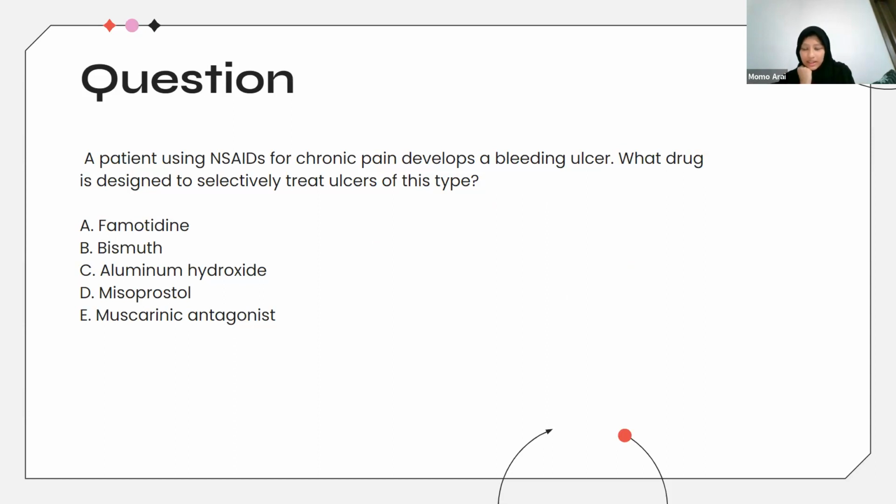Someone said E, I think, for this question. Yeah, E. Does anyone have other answers? So, NSAIDs, does it make sense that someone using NSAIDs would develop a bleeding ulcer? What's the mechanism of action of NSAIDs, if I ask you? Good. So it inhibits the cyclooxygenase enzyme.